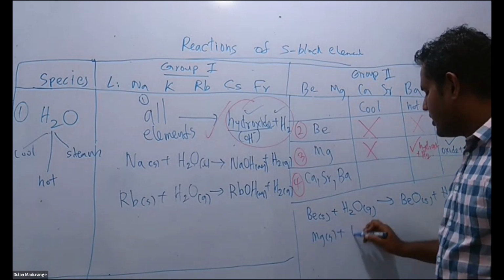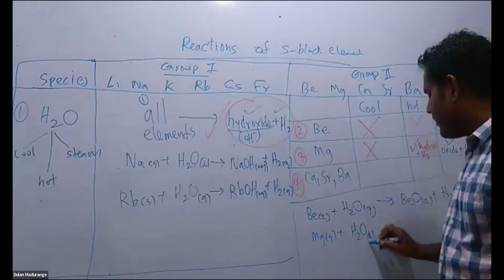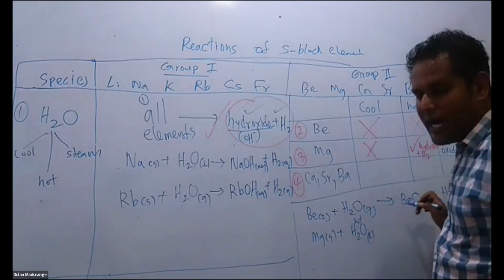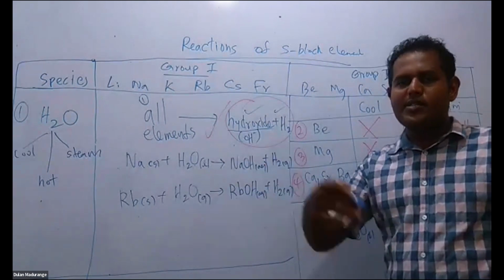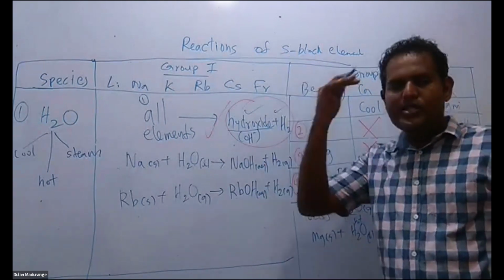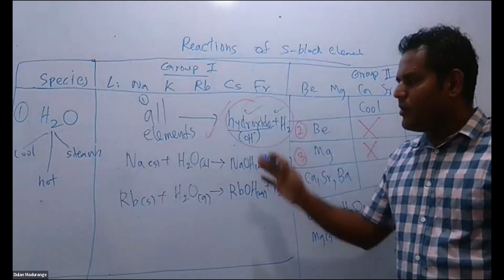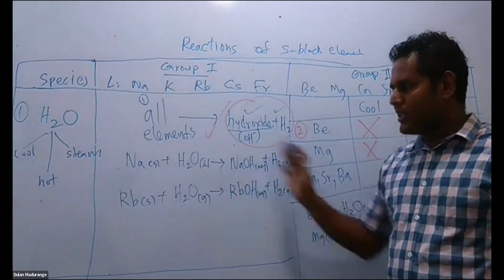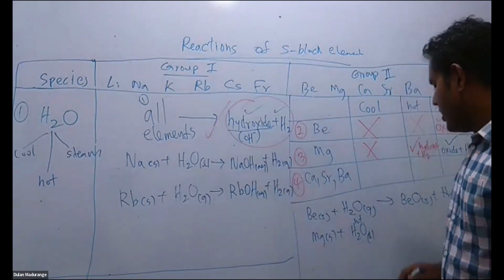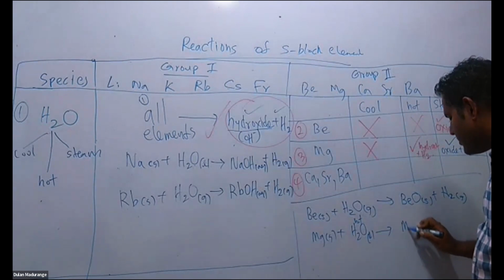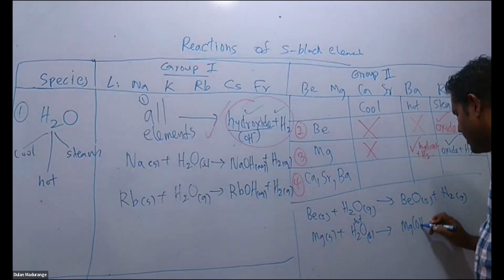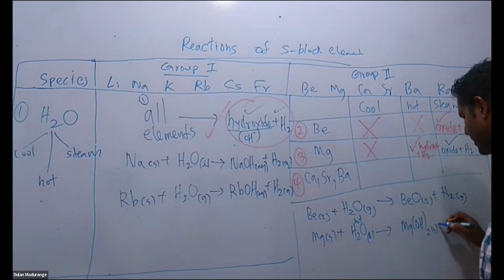Magnesium with hot water, H2O liquid. Equations are balanced by the inspection method. Right? Magnesium with H2O liquid forms magnesium hydroxide, a precipitate, plus H2.